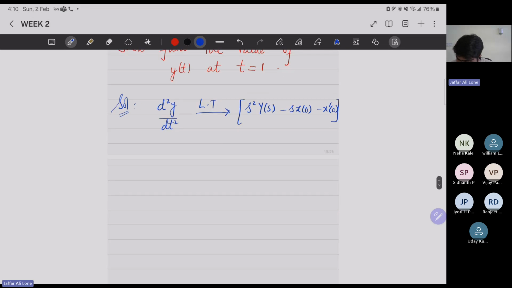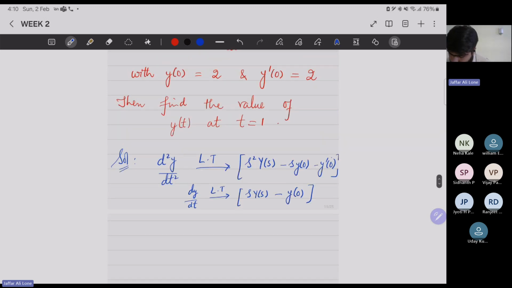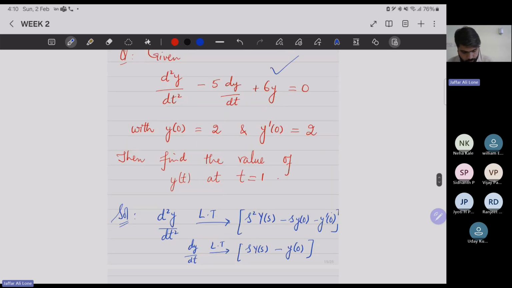Similarly, for dy over dt, after taking the Laplace transform, it will be s Y(s) minus y at 0. Similarly, we have y at 0, right? After we put these values in this equation, what will we get?